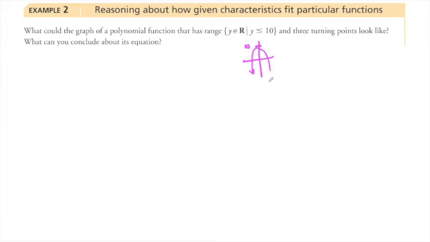regardless if it looks like this, here's 10, it could have however many turning points, right? But all of these numbers have to remain under 10. So you know that the equation has to be an even degree equation and it has to have a negative coefficient out front, okay?